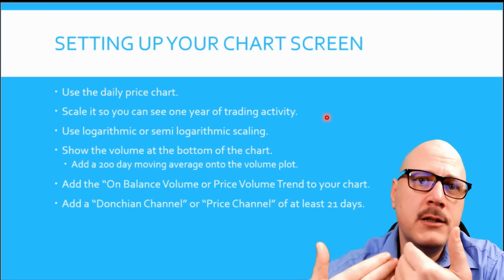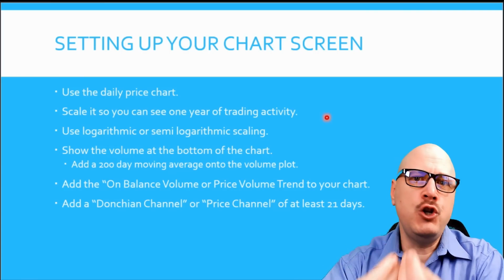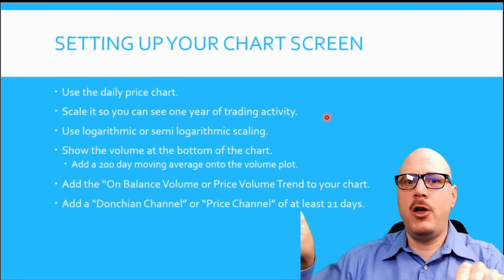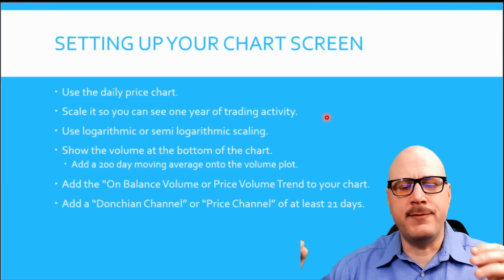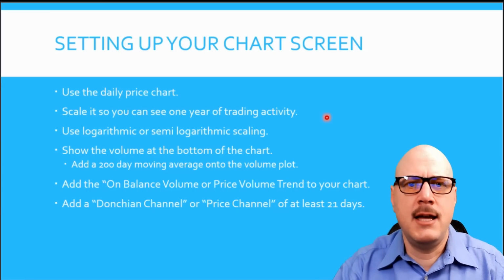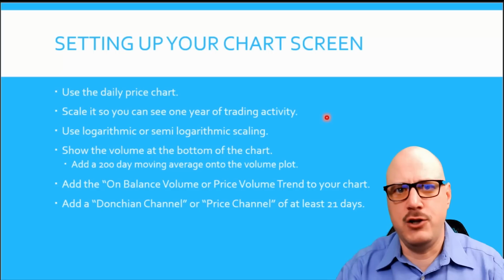On your volume plot, I want you to add a 200-day moving average of the volume. This is going to give you a line that cuts across the volume, and it's going to give you a firm visual of when a volume spike has happened, when trading activity is unusual.